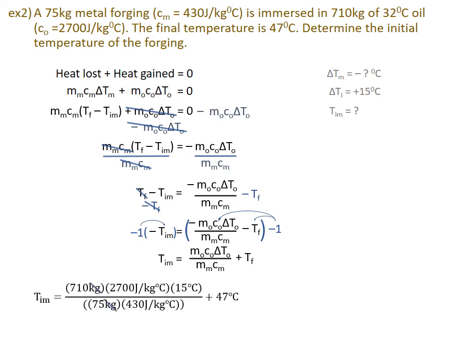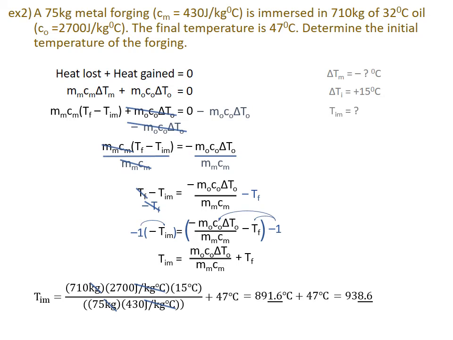Now kilograms and kilograms will factor out. Joules per kilogram degrees Celsius and joules per kilogram degrees Celsius will factor out. So when I do this long string of multiplying and dividing, I will wind up with two significant figures. So 891.6 degrees Celsius plus the TF of 47 degrees Celsius. I add them together, I get 938.6 degrees Celsius.